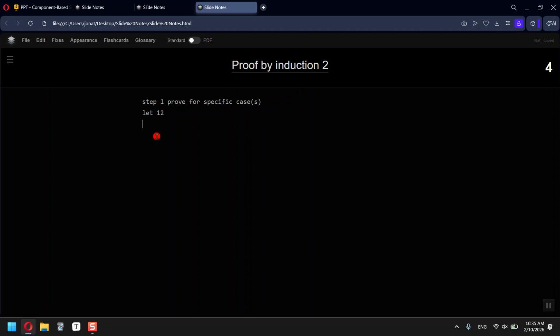We suppose that it is true for k. So we want to prove that it's also true for k plus 1, right? If it's true for k, it should be true for k plus 1. But it's not k plus 1 really. Well, we'll get to that. This is a bit tricky because we can't state really a general rule for how x and y change, at least not from the previous case.